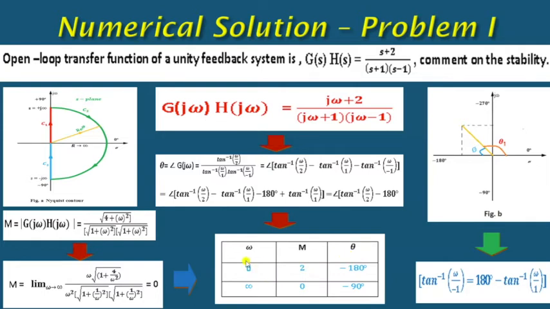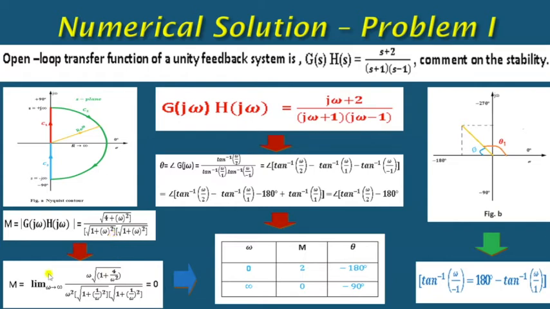When omega equal to 0, what is the magnitude? Put 0 here, then we get the magnitude as 2. When we put omega equal to infinity, this value is infinity, so it is infinity by infinity. So this is undefined.